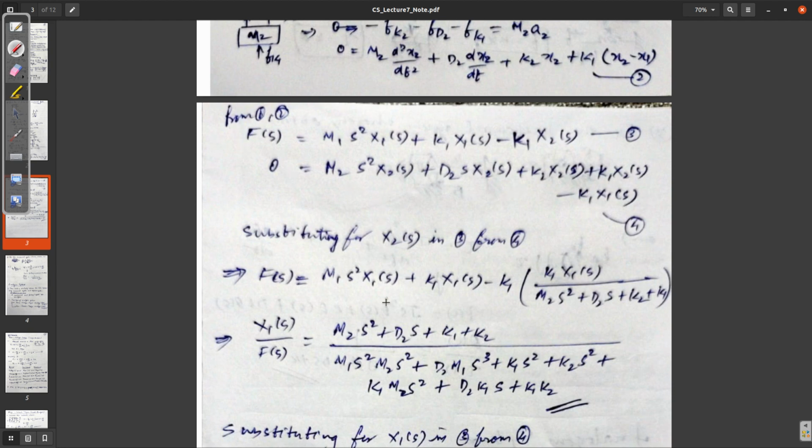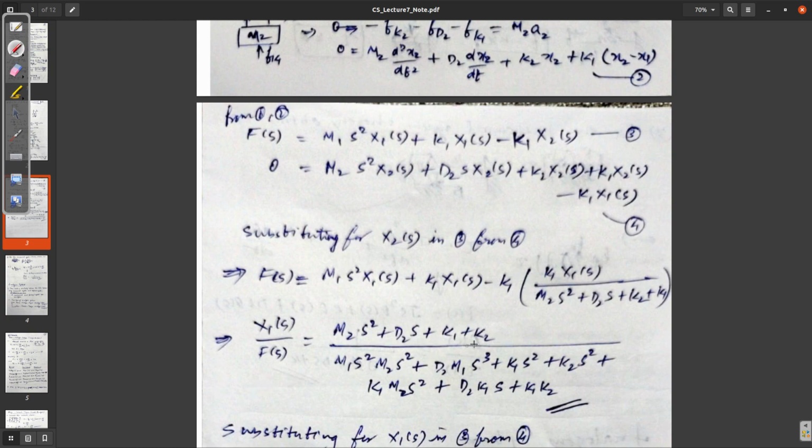So for us right now, to find the Laplace transform, these are our two base equations. So to find the transfer function, we substitute for x1 in terms of x2 from equation 4 in equation 3 to get x2 by F(s), and we substitute for x2 in terms of x1 from equation 4 to equation 3 to get x1 by F(s).